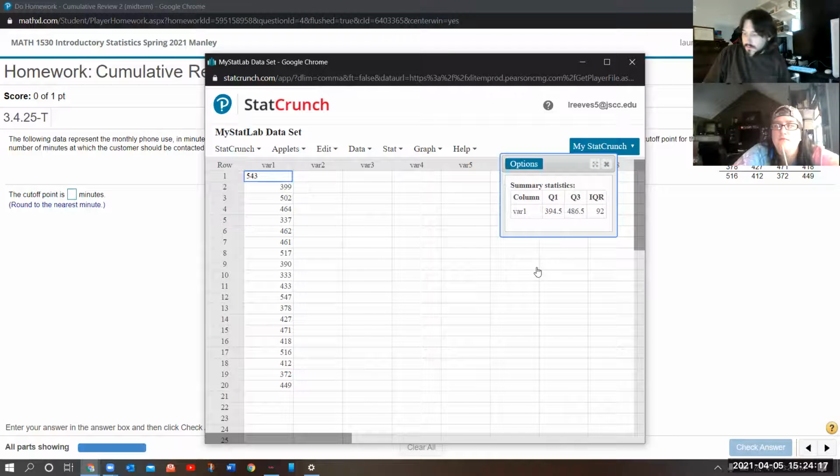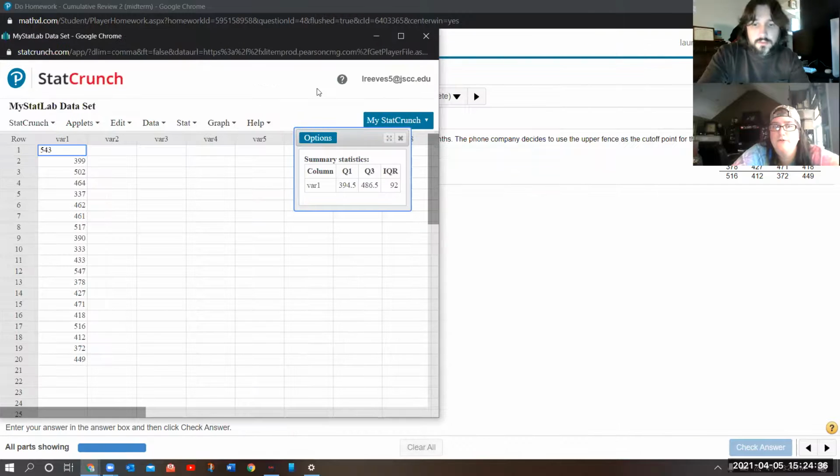Never mind. Okay. So if we're finding the upper fence, which is what they're going to use as the cutoff point, we need these three numbers. Do you remember the formula for calculating the upper fence? No. No? All right. Upper fence, I'll just call it UF, is quartile 3 plus 1.5 times the IQR.